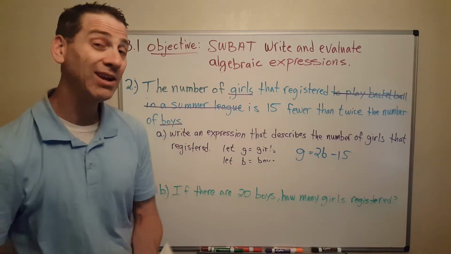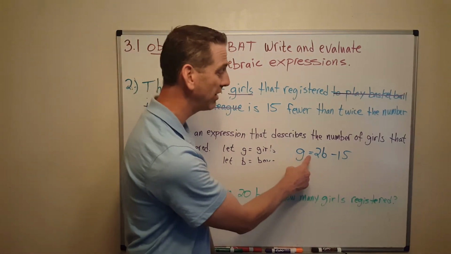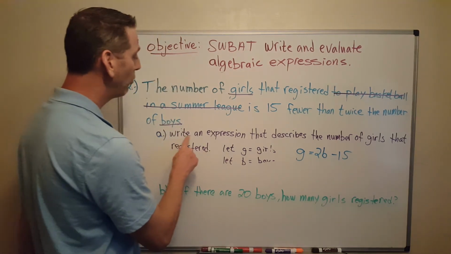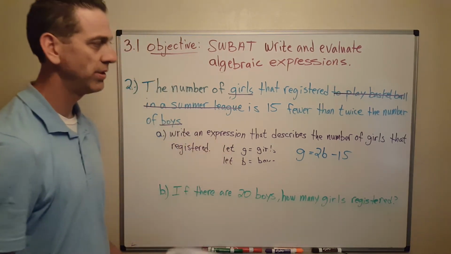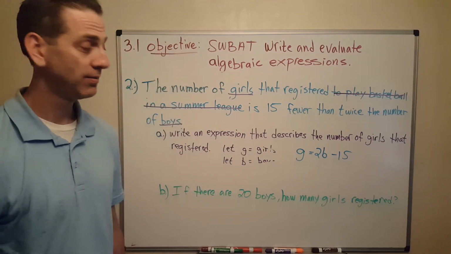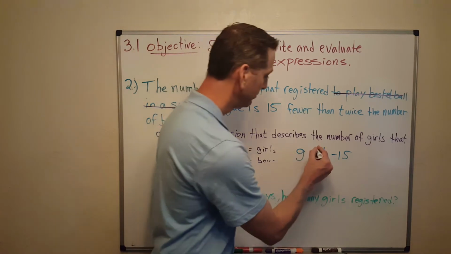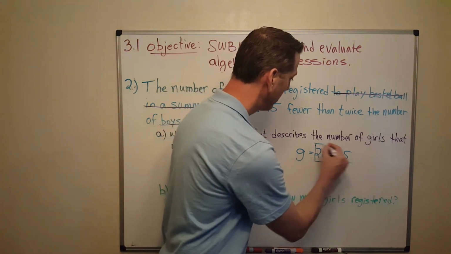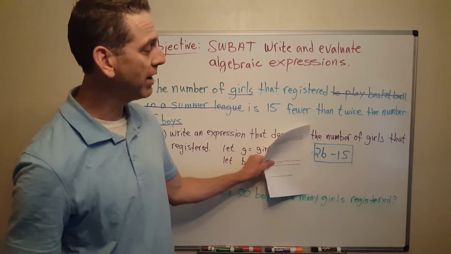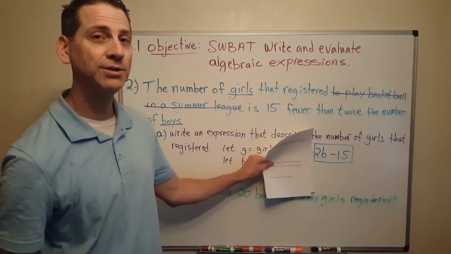So that's actually an equation, right? It's got an equal sign in it. They're not asking for an equation. It's saying write an expression that describes. So what do you think the expression would be? That's the expression right there. 2b minus 15 is your expression.